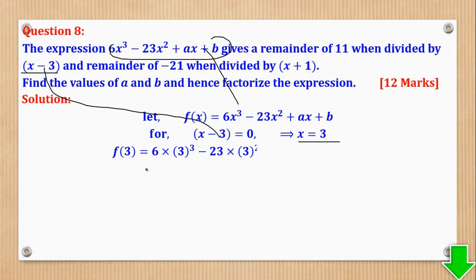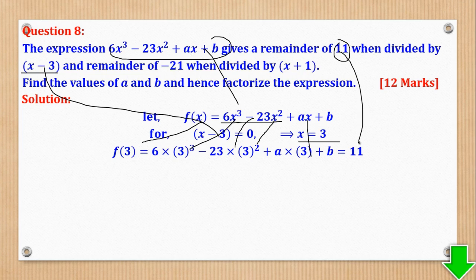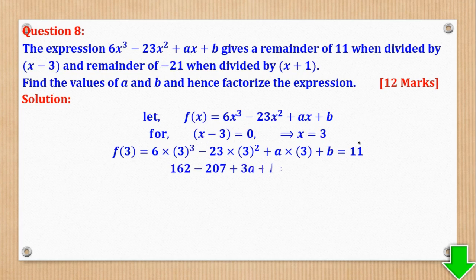Therefore, substitute for x in this expression. Where there is x, you put 3. And equate to the remainder, because they told us the remainder is 11. Therefore, you get an equation having two unknowns, which are a and b.